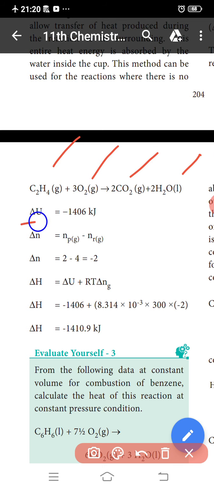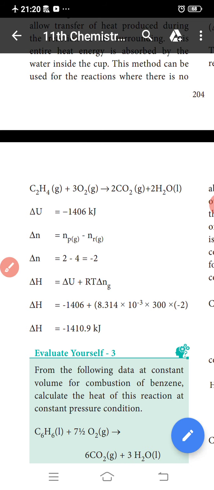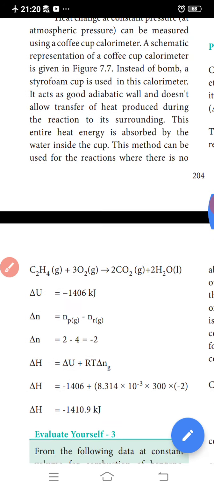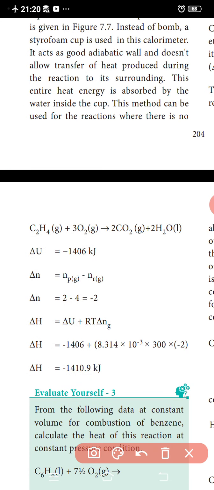So the del U value is minus 1406 kilojoule.